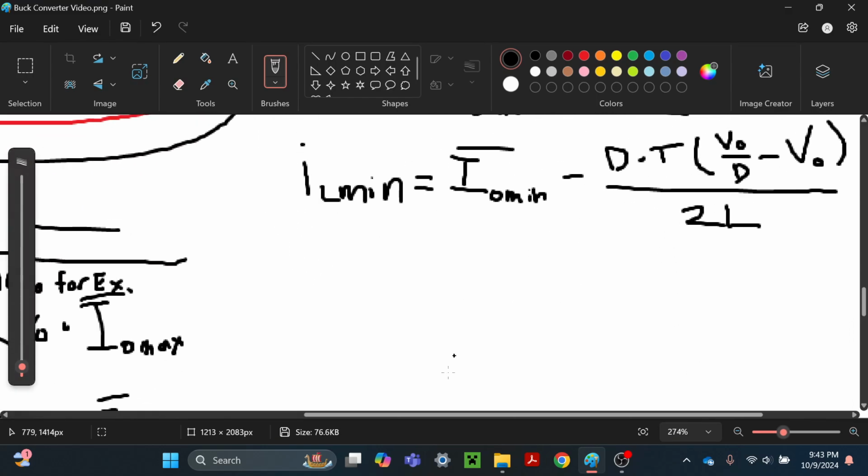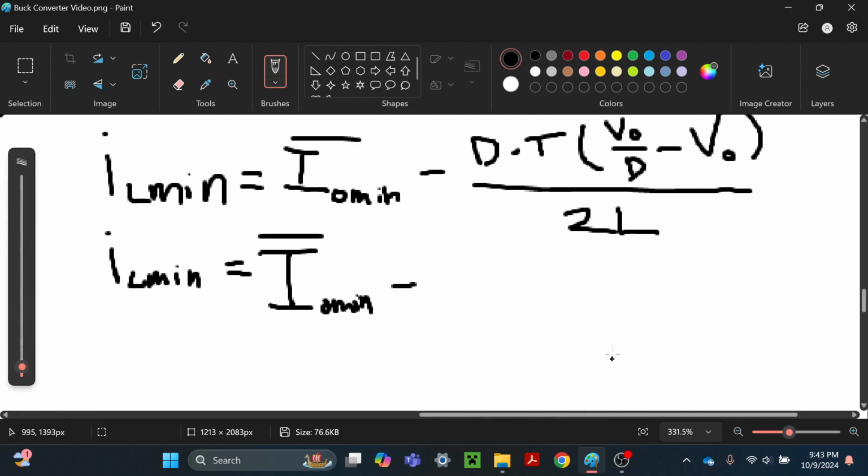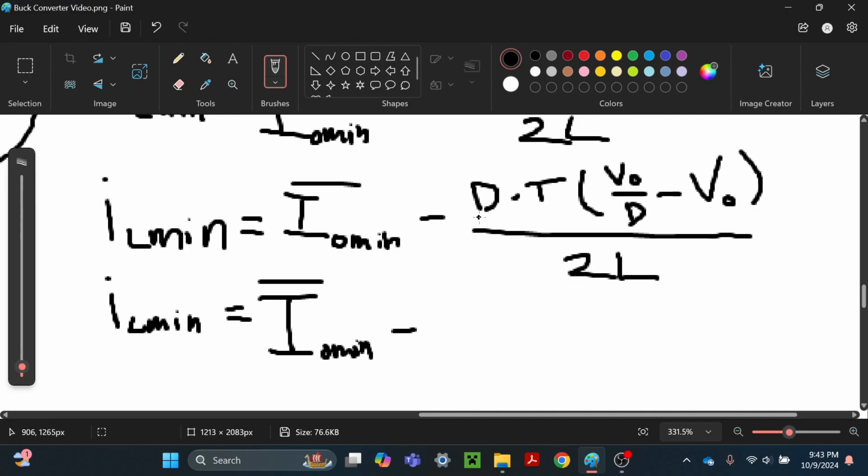So if we finally simplify, we can get the equation that IL min is equal to I out min average minus, so taking this V out and multiplying this D in, we get V out average times 1 minus D over 2.